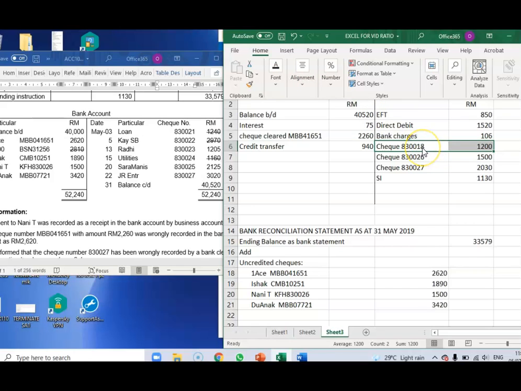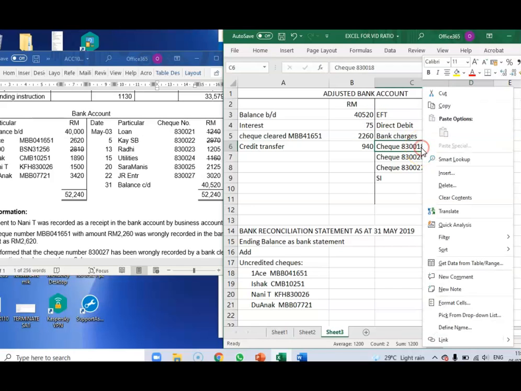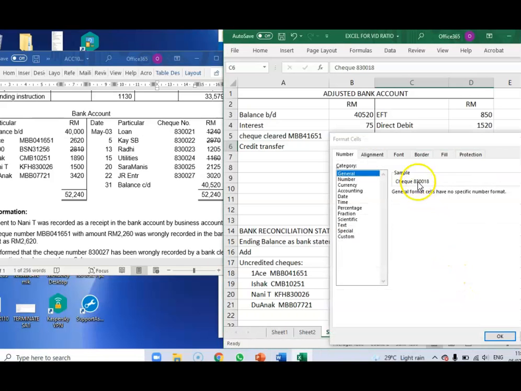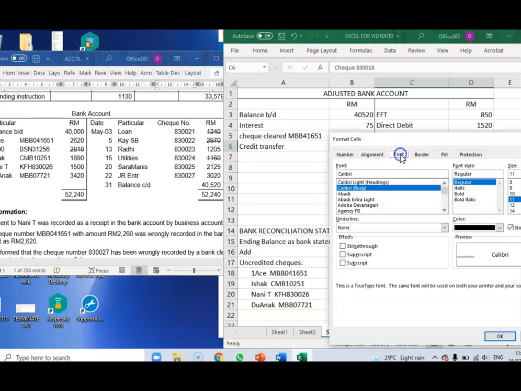Okay, now I'm confused. I think it's the format cell. Yeah, strike through.